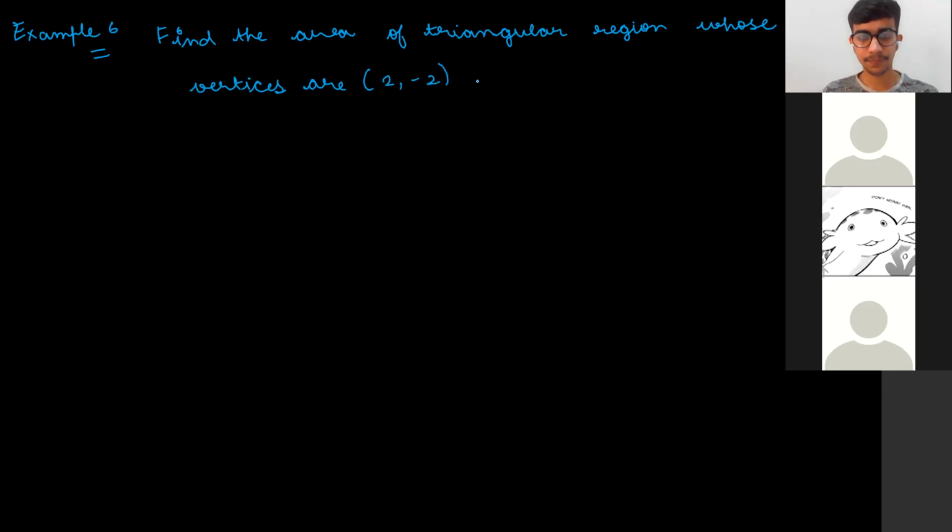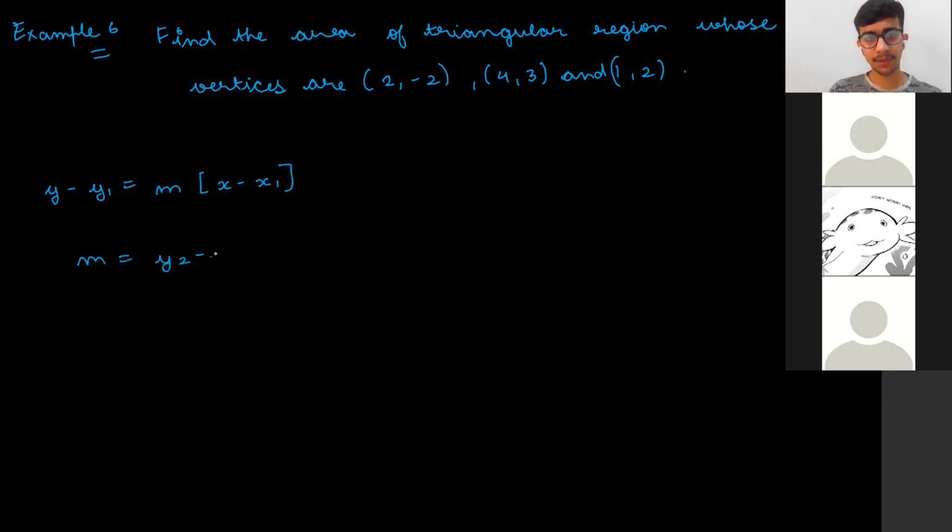M will be y2 minus y1 upon x2 minus x1. That's the slope, and after the slope you put it in: y minus y1 is equal to m times x minus x1, where m is equal to y2 minus y1 divided by x2 minus x1. So from 3 coordinates you will get 3 lines, right?